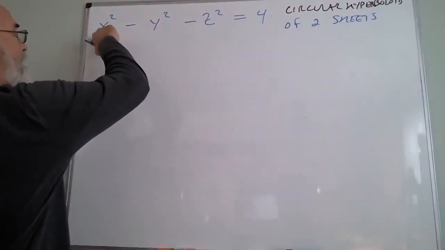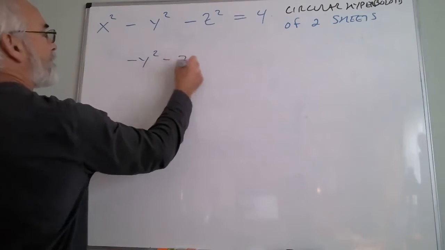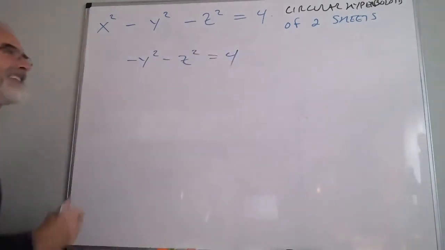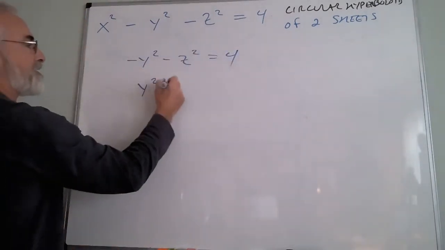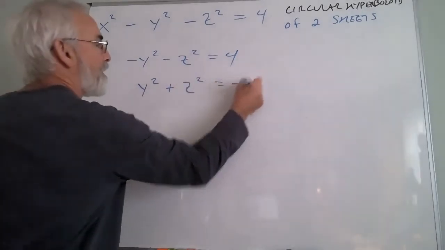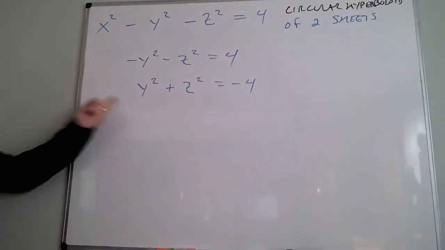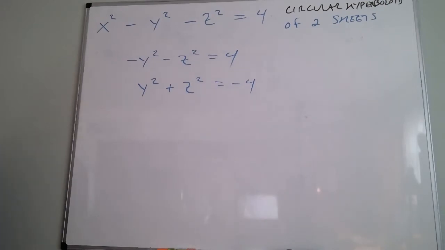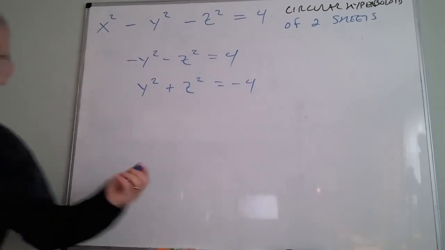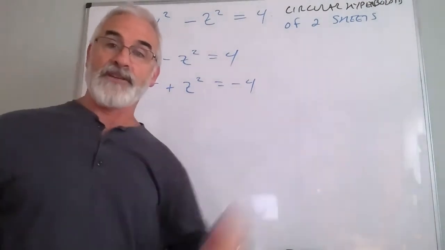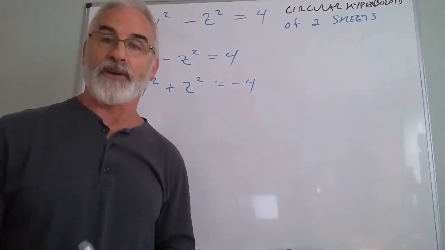You see, if I replaced x with 0, then I have this, which is impossible because this is the equivalent of this. There is no graph. It's not possible to have x be 0. We just saw x had nothing between -2 and 2. You cannot replace a variable with 0.